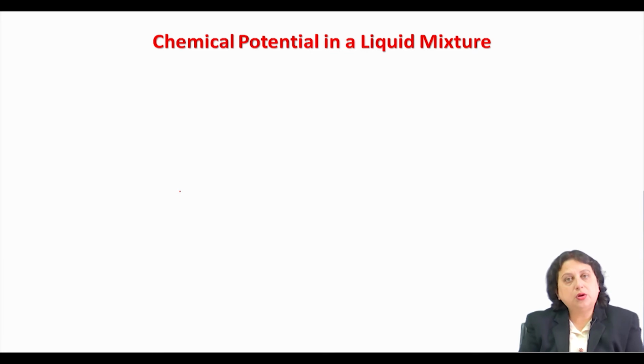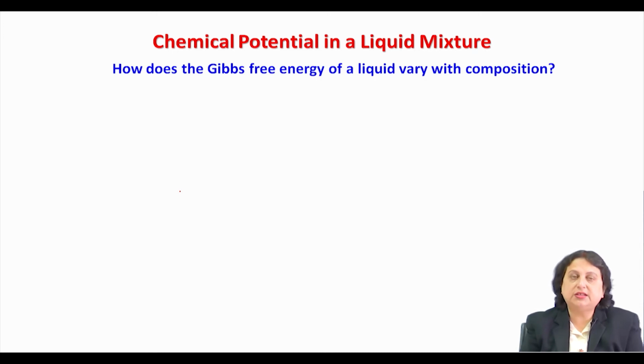Now, if I want to extend my discussion to estimation of the chemical potential in a liquid mixture, the basic question that I would be asking is, how does the Gibbs free energy of a liquid vary with composition?